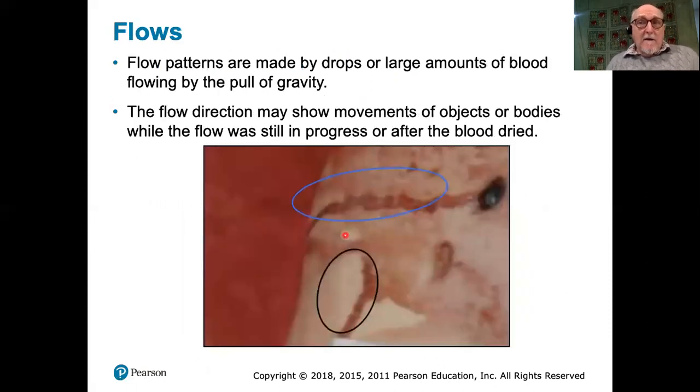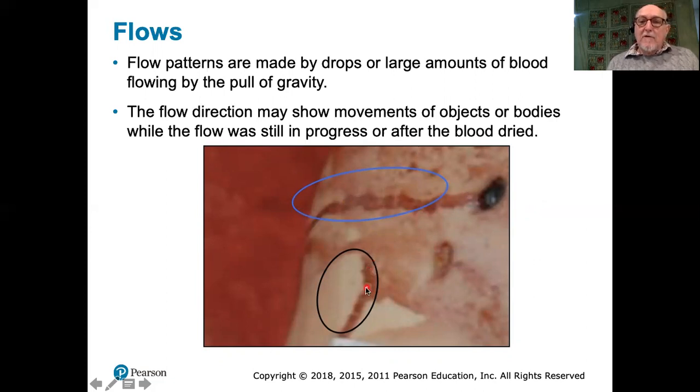Now, the other important thing to note are flow patterns, because when blood flows passively from a source, it obviously flows in the direction that gravity pulls it. Blood flow patterns may indicate that if they differ, for example, here, somebody has been wounded and has bled in that direction there.